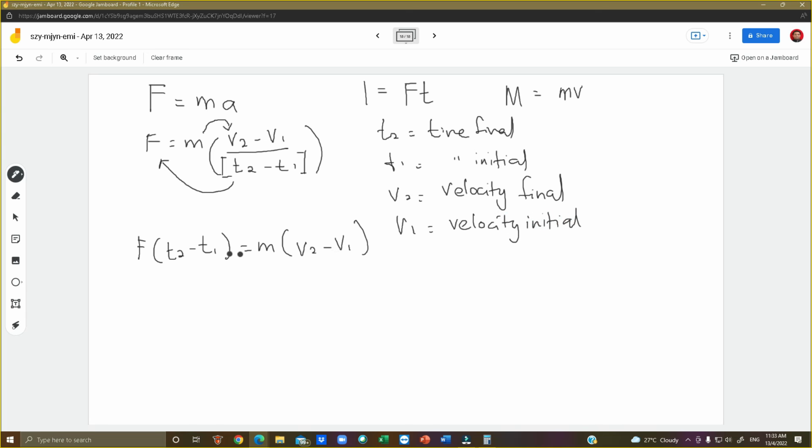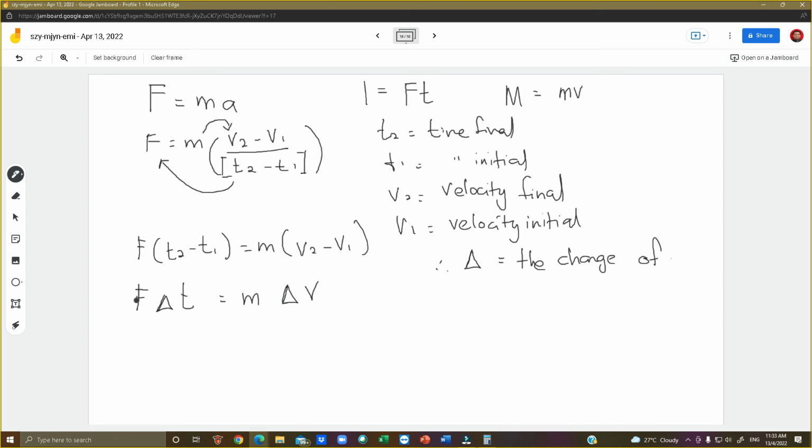Okay, if you see these two things, we can make it simpler by changing the numbers and the alphabets into these symbols which represent the change of. Okay, jadi kita tukarkan, kita mudahkan dia lagi. So you're going to get F, the change of t, equals to m, the change of v.